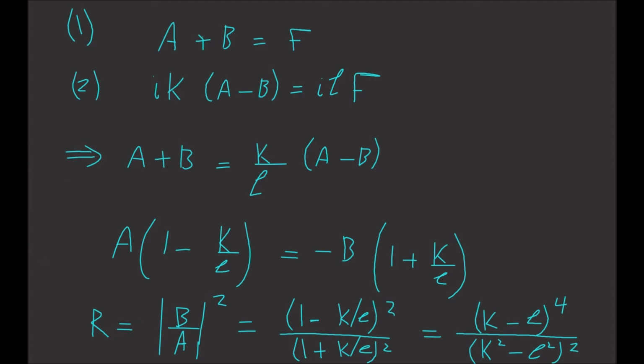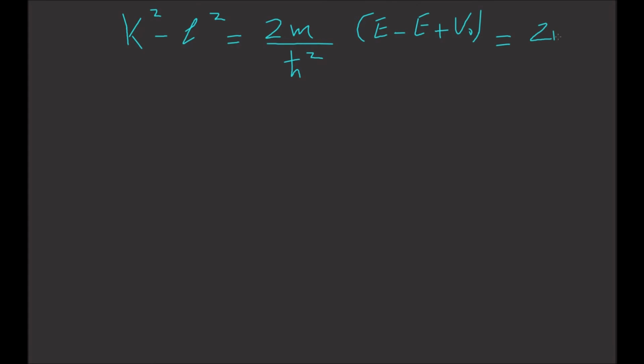What do we know? We know that k squared minus L squared is the same as 2 times m divided by h bar squared times e minus e plus v naught, which is the same as 2 times m times v naught divided by h bar squared.